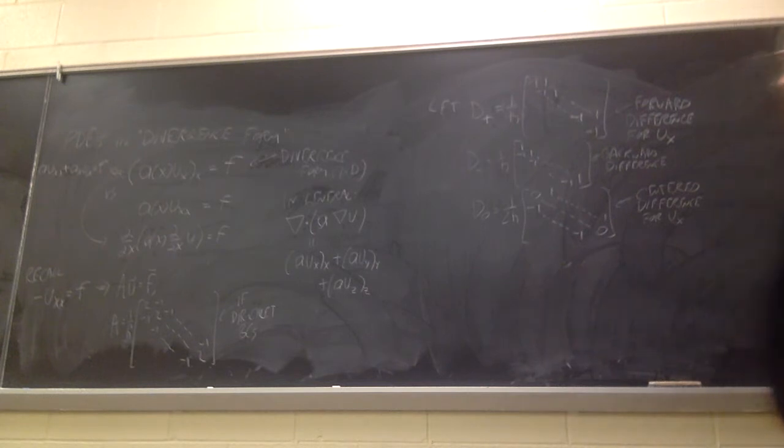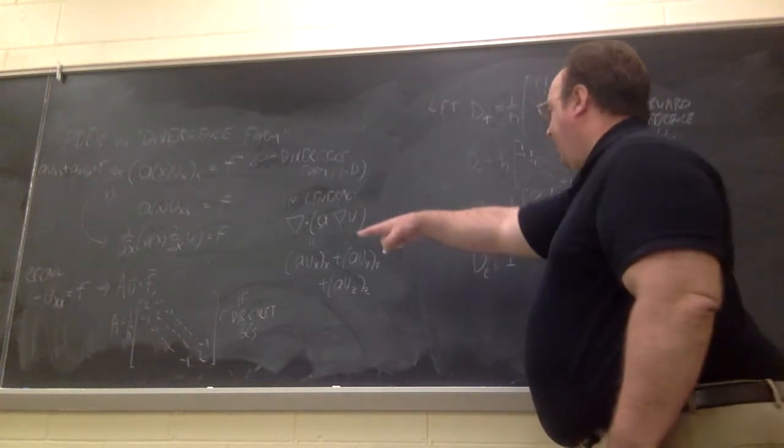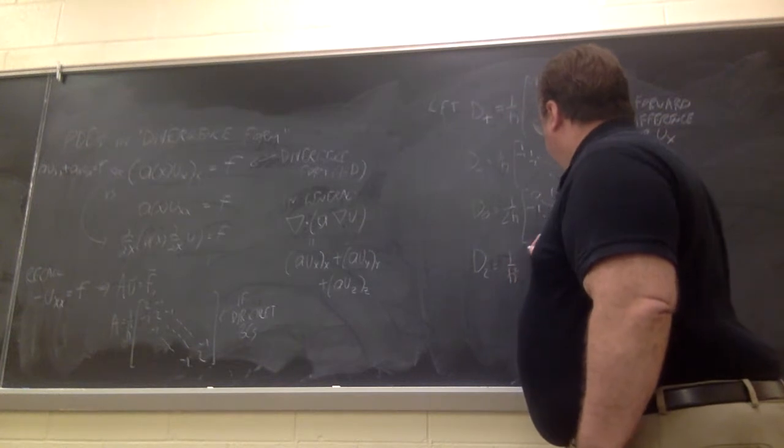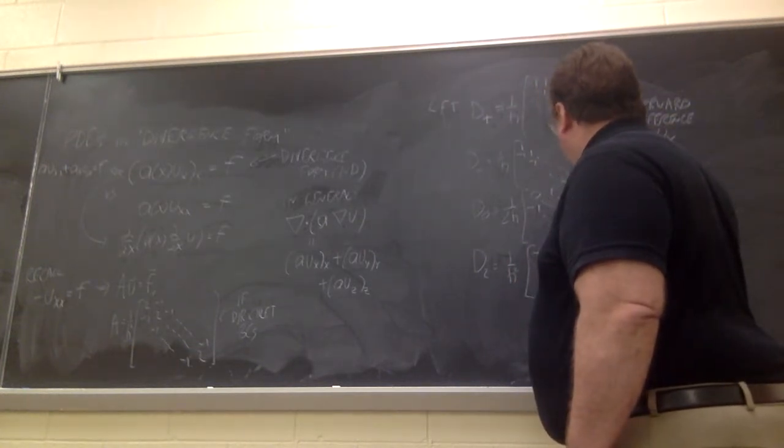Also for UX. And I need to make a distinction because this matrix D2 is the matrix I have over there. It's a more appropriate name. Second derivative, centered difference.